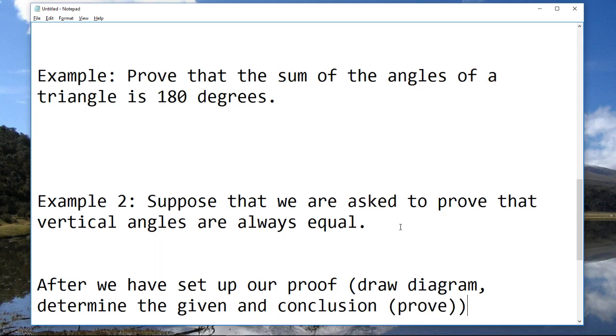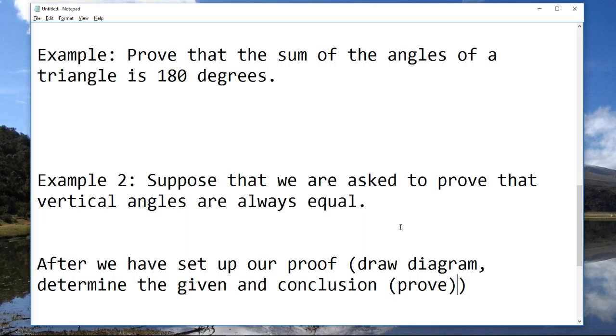So after we have set up our proof, which means drawing our diagram, determining the given and the conclusion, well, then we need to prove it.